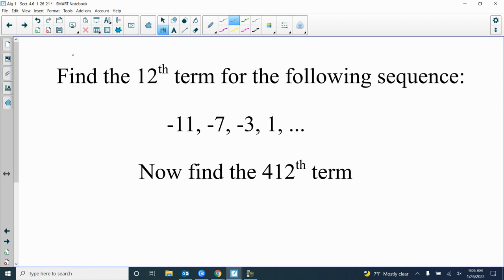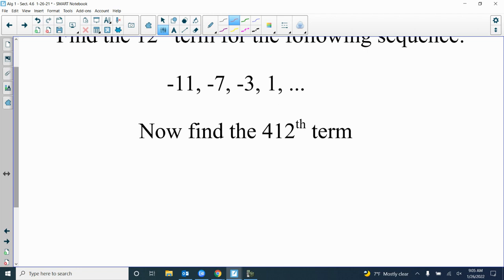All right, how do I find the 412th term? What do I got to find first? I got to find the equation. How do I find the equation? Okay, let's go through here. What's my d value for this one? What's it going up by? All right, Carly, what's it going up by? It's going up by 4, so d is 4.